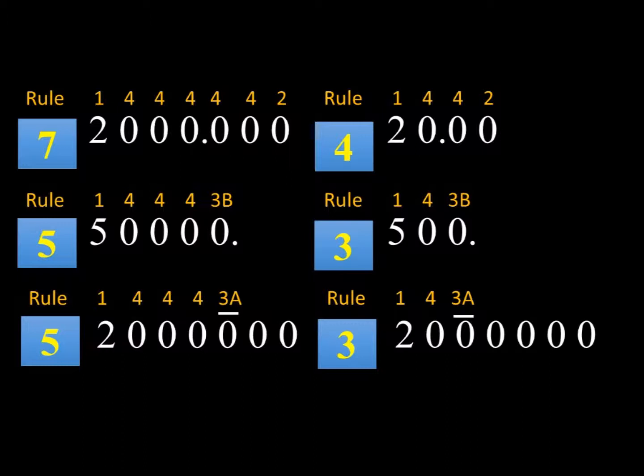Lower left, you have 2 million. You have the bar over a 0, that's significant. The 2 is significant, everything in between. Same thing with the bottom right. So you have 7, 4, 5, 3, 5, 3. Those are the number of significant figures in each problem, reading left to right.